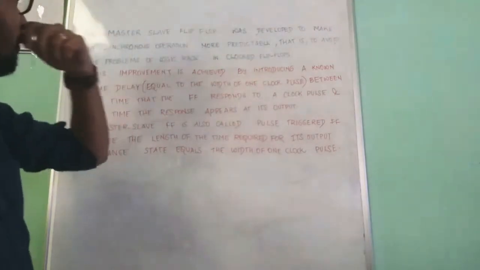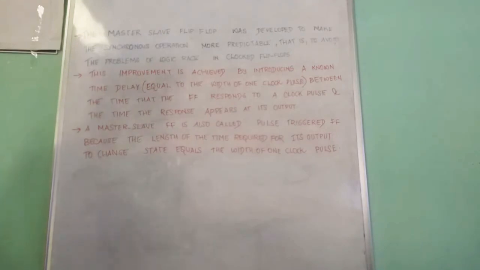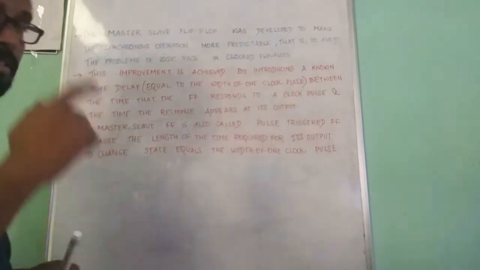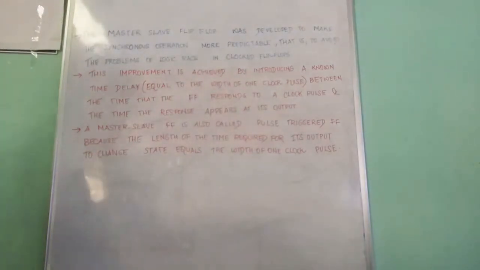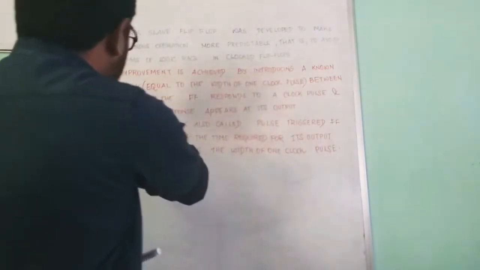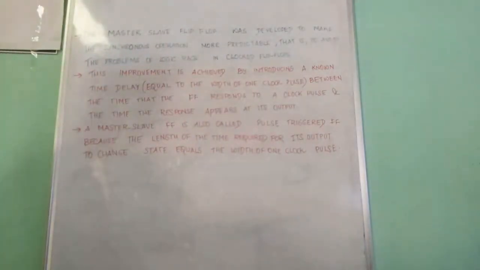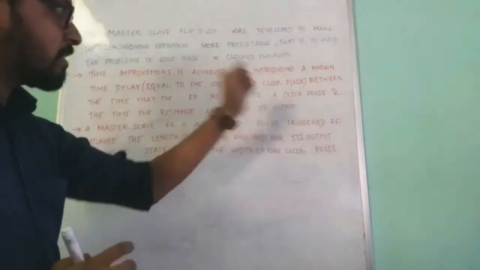The master slave flip flop was developed to make the synchronous operation more predictable, that is, to avoid the problems of logic race, the race around condition, in clocked flip-flops. This improvement is achieved by introducing a known time delay equal to the width of the clock pulse between the time the flip-flop responds to a clock pulse and the time the response appears at its output.